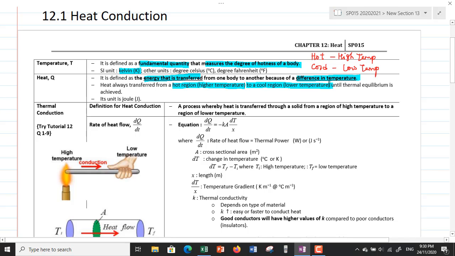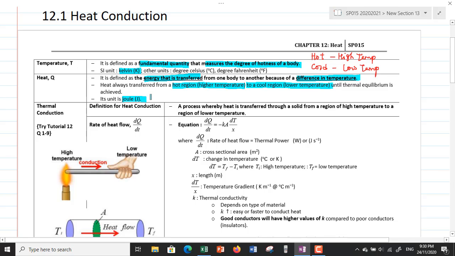Thermal equilibrium means there is no difference in temperature between two bodies, so there will be no more heat transferred. Heat only transfers when there is a temperature difference. Because heat is energy, the SI unit for heat Q is joule.